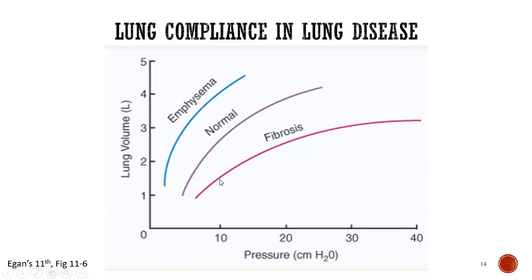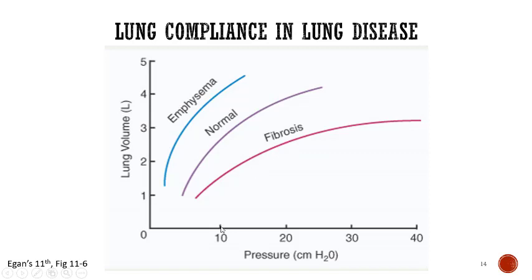If you come down here to a fibrotic lung, and this would be a less compliant or less stretchy lung, essentially, you can see that 10 centimeters of water pressure gets you 1.5 liters of gas in that lung. So significantly less than a normal lung, because this lung isn't stretching, this lung isn't opening. So this would be considered a less compliant lung.